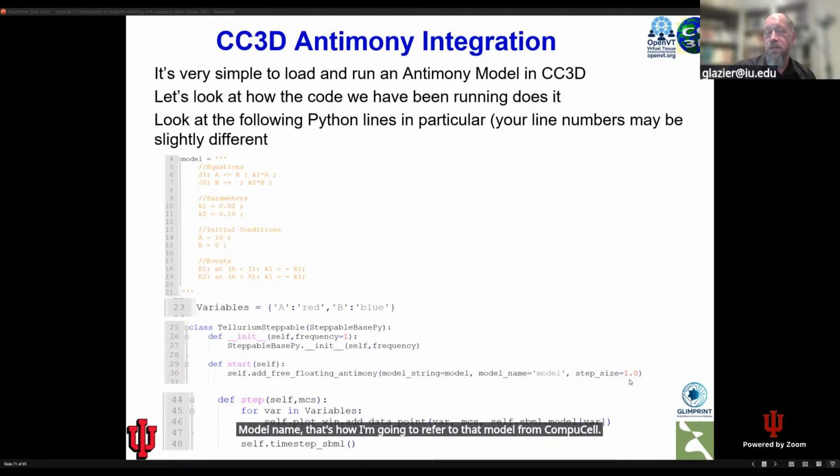And then the step size, that time conversion. If I'm going to plot information, here I'm plotting a data point. And I'm referencing the value of a variable, self.sbml.model. And that's a dictionary entry.